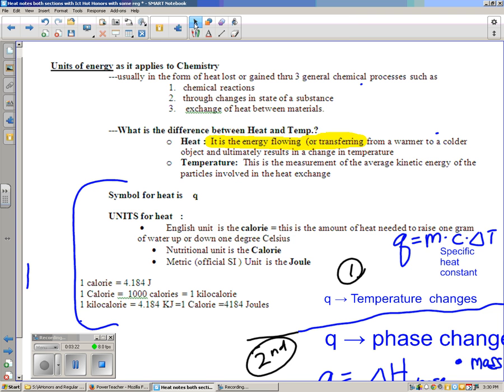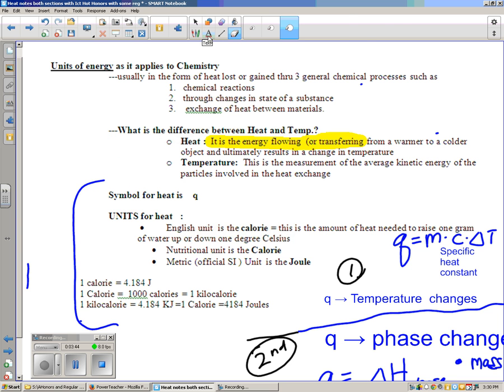Now, the other thing about it, and I know I didn't point this out to the class on Wednesday, is that heat is a derived unit. Heat is a derived unit, and temperature is a base unit.